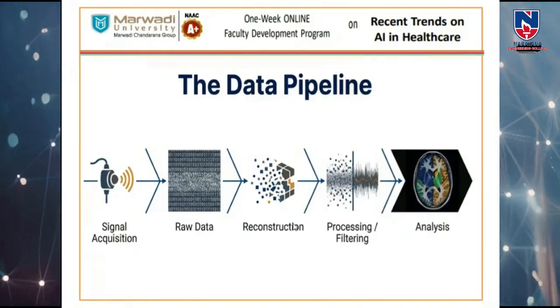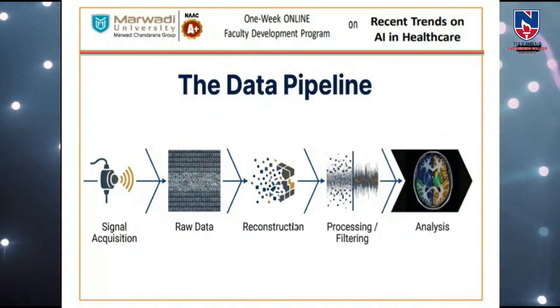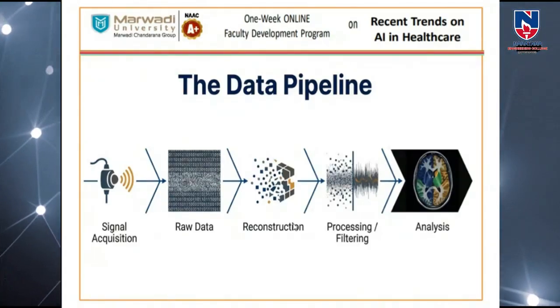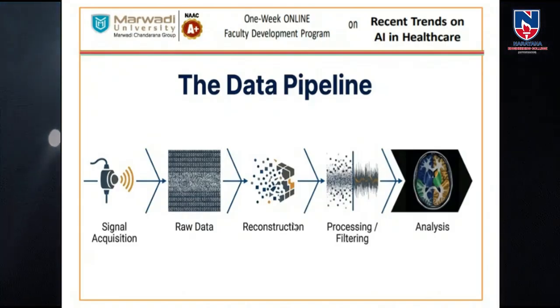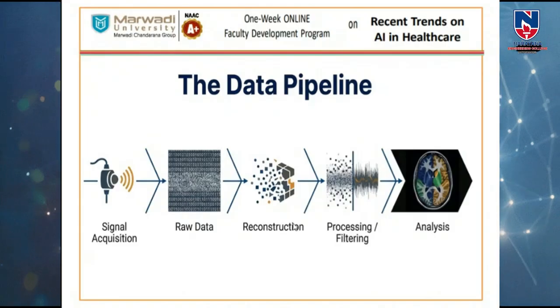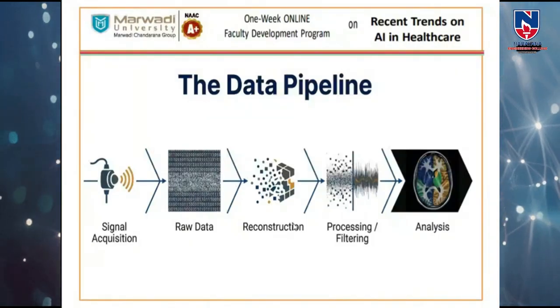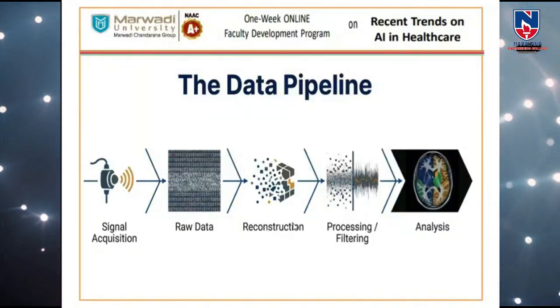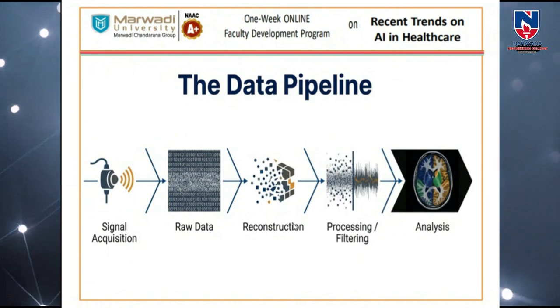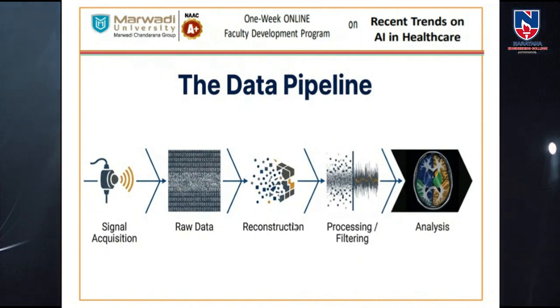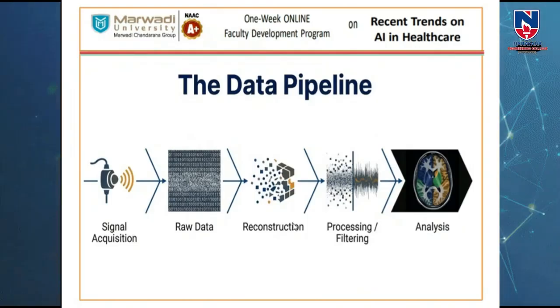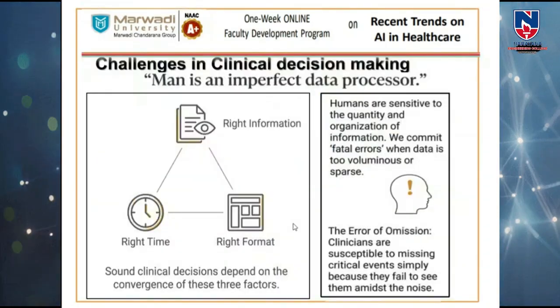That means interpretation, how to interpret the data, is where the AI intervention is most impactful for clinical decision making. Of course, clinical decision making is a tough job without getting the actual information.